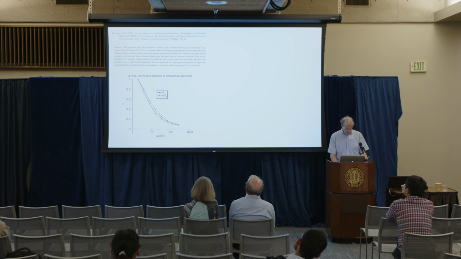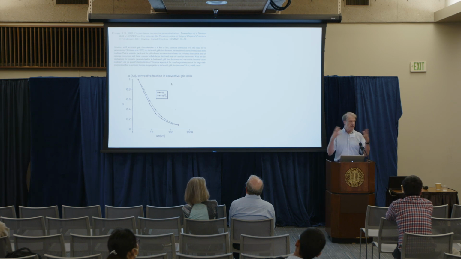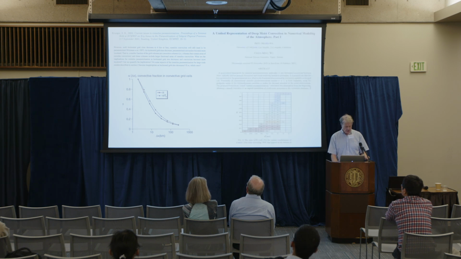My initial analysis was simply to look at the convective fraction as a function of grid cell. So if a grid cell had convection in it, how much of the cell was filled with convection? And it obviously, on average, increases.